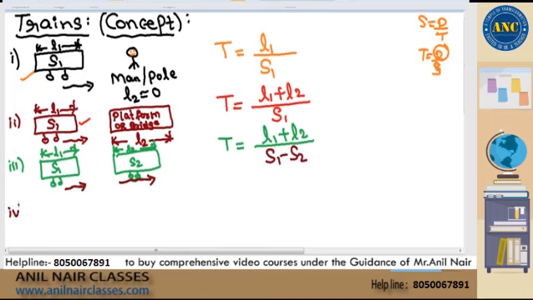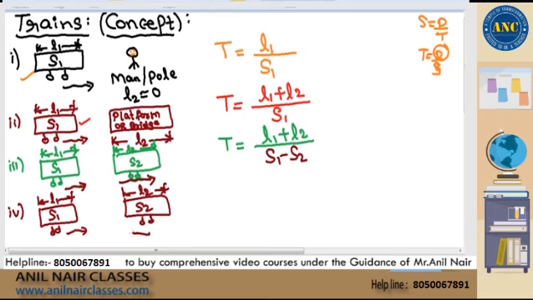And the last concept: a train with speed S1 and length L1 is moving in this direction. There is another train with speed S2 and length L2, moving in the opposite direction of the first train, on a different track. Your question is, how much time will the train L1 take to completely cross the train L2?